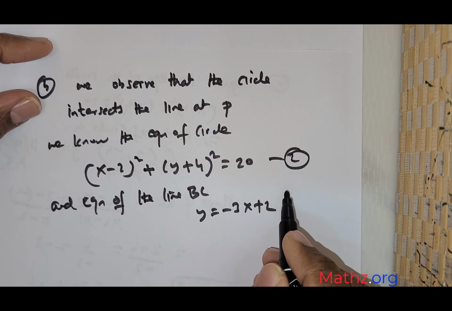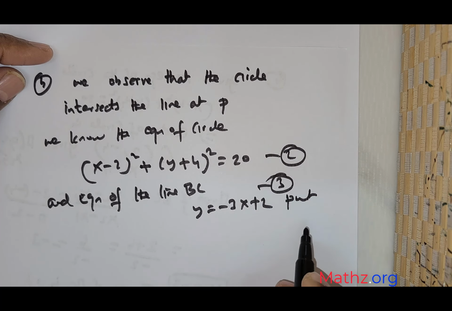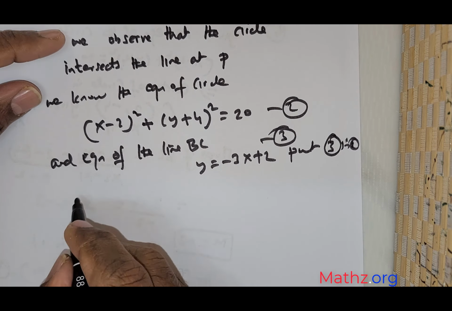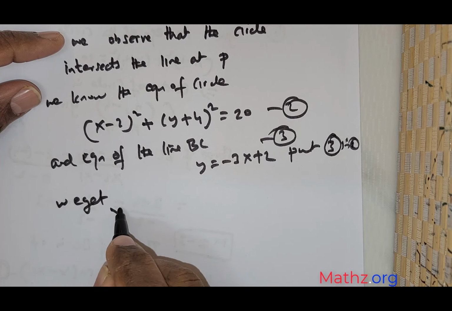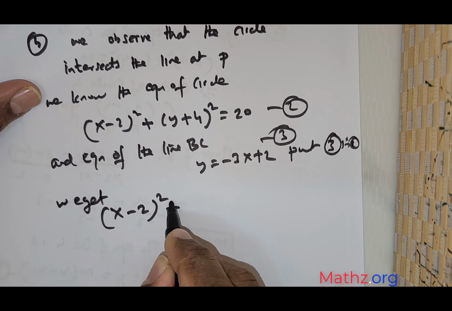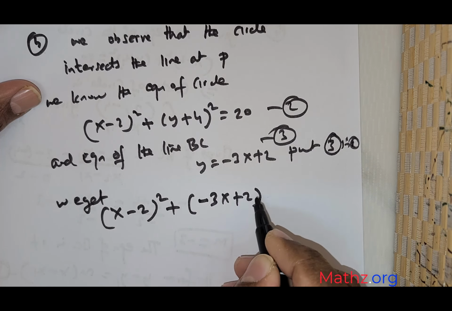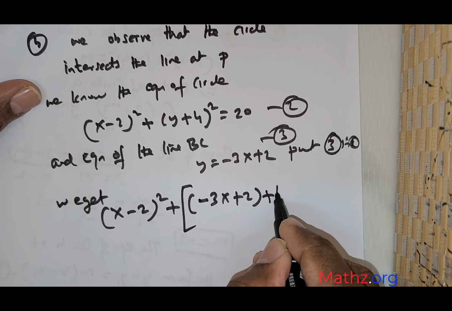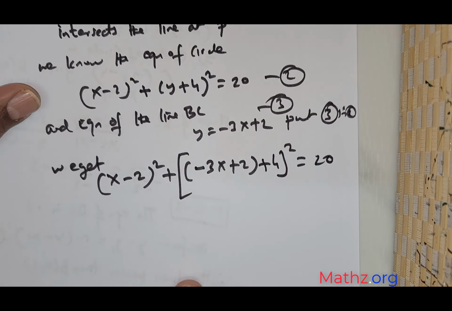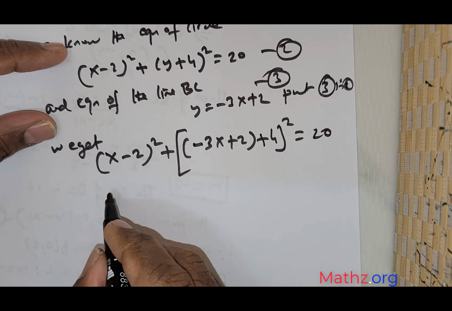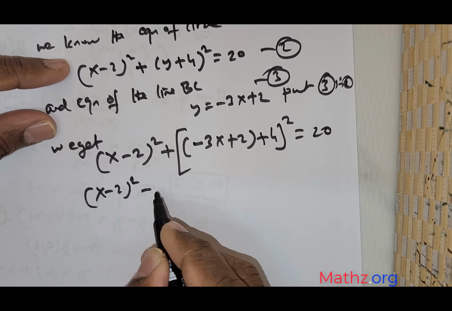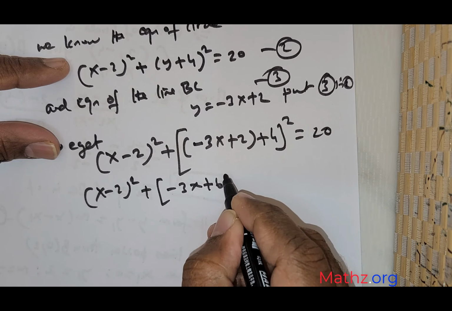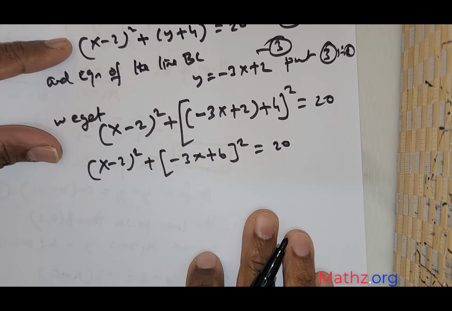So if I take this as 2, and this is 3, put 3 in 2. Okay, so what do we get? (x - 2)² + (-3x + 2 + 4)² = 20. Simplifying this, so this is (x - 2)² + (-3x + 6)² = 20. Now you expand and solve.